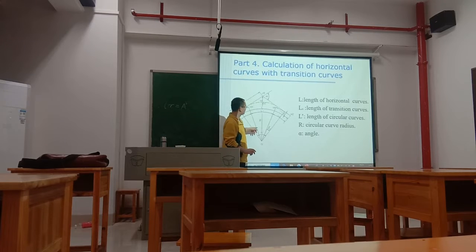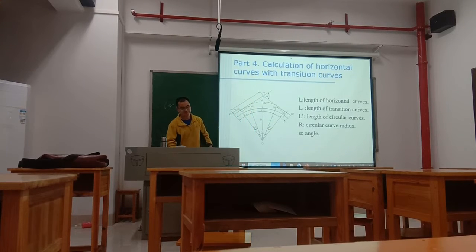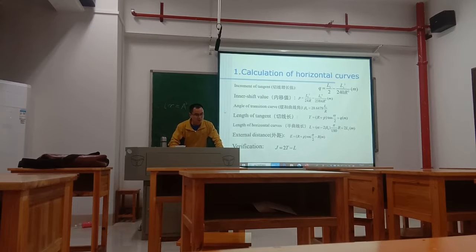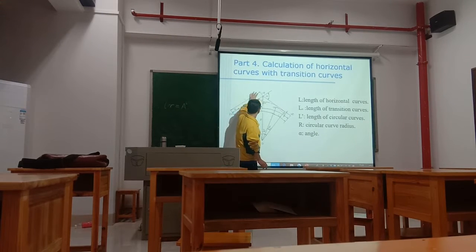This is beta 0 and this is beta 0, because this transition curve is the same as this transition curve. T is the length of tangent. L is the length of the horizontal curve. E is the external distance.